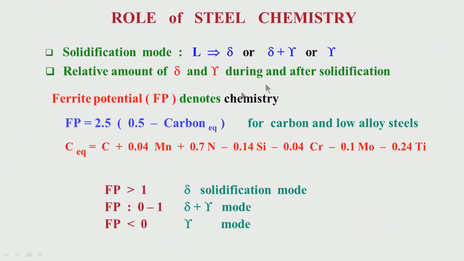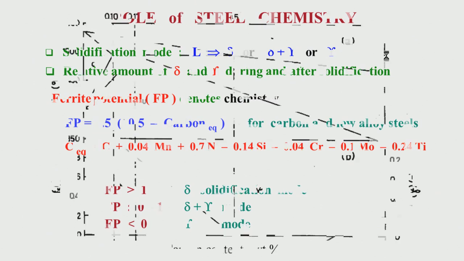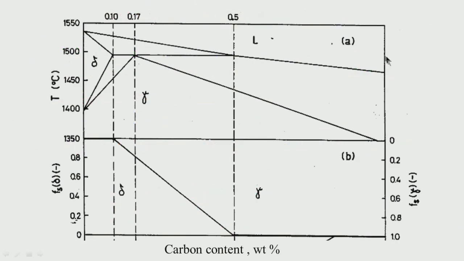Where this 0.5 is coming from, basically, is from this particular figure. So, you look at this figure here. When solidification is taking place for any chemistry with carbon less than 0.1%, it is 100% delta.